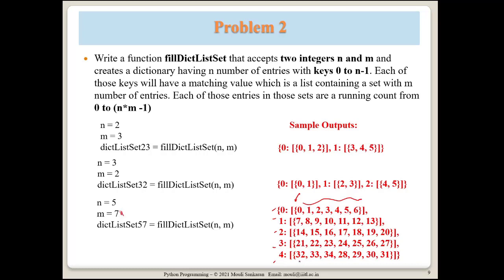Now you should see that it is 5 into 7, 35, so one less, 34, should be the maximum number you get. Yes, you are getting the 34 here, but the ordering is different. Though you are entering the elements 28, 29, 30, 31, 32, 33, 34, when it is listing it, it is showing it like this.